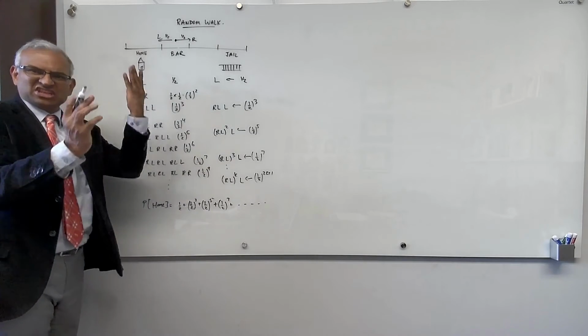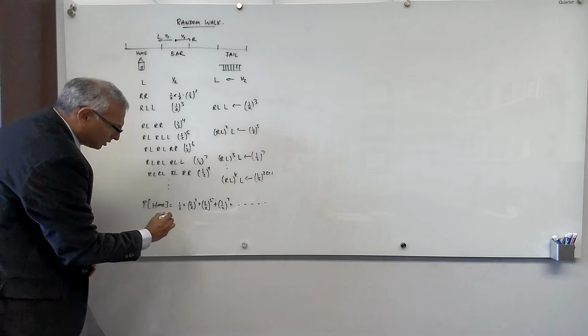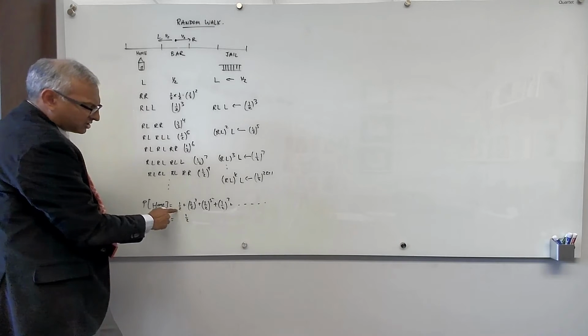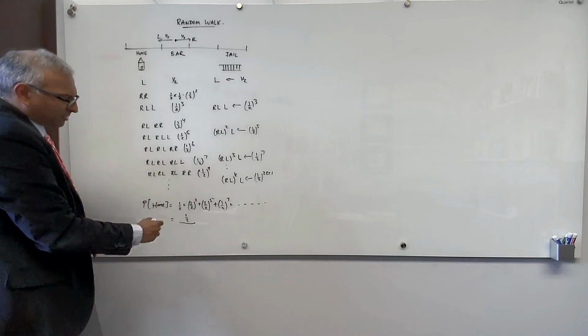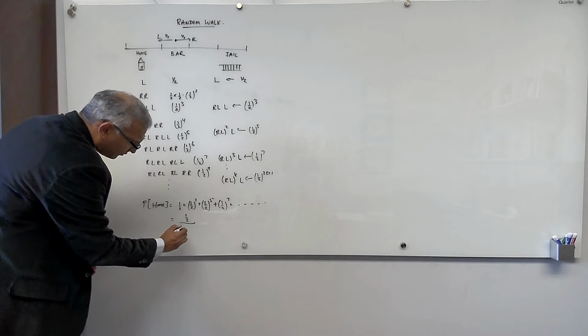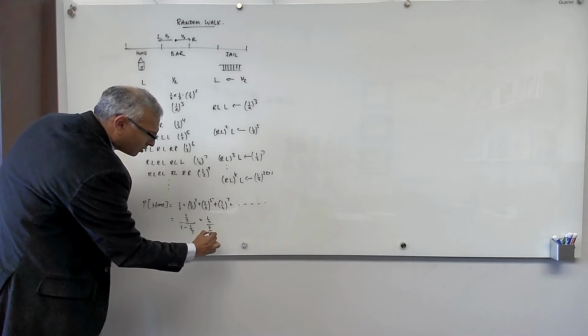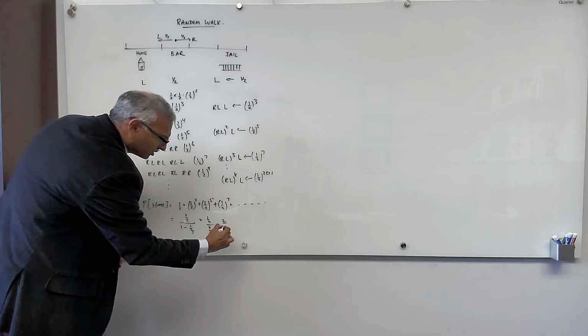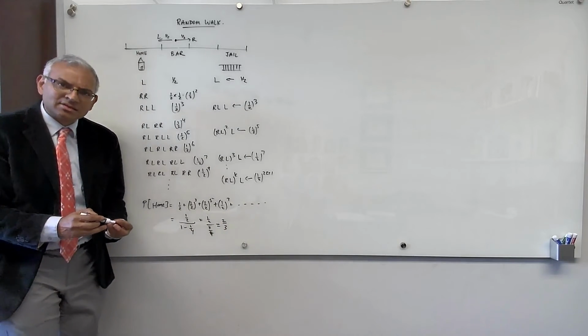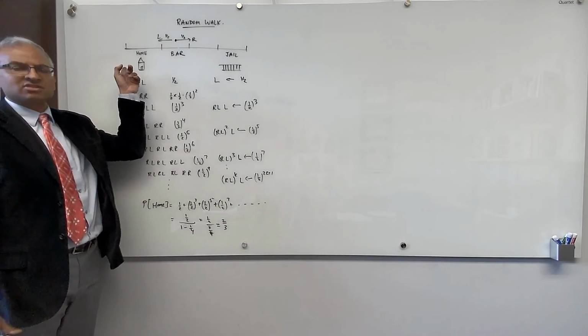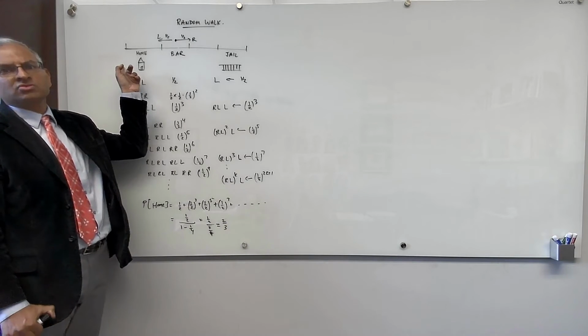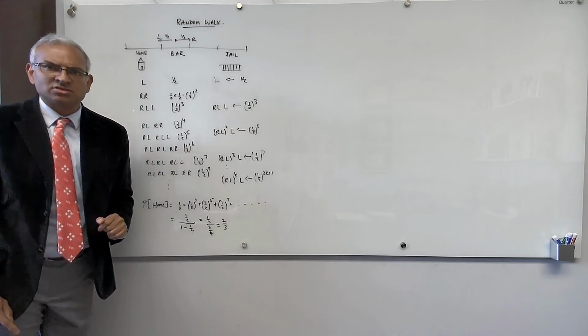So this is the infinite geometric progression again. This is equal to the first term, 1/2, divided by 1 minus the common ratio. The common ratio is 1/4. So 1/2 over 1 minus 1/4, which is 1/2 over 3/4, which is equal to 2/3. So not bad. The drunk will sleep at home. The chances the drunk sleeps at home are approximately 2/3, or 67%, with a 33% chance of being in jail.